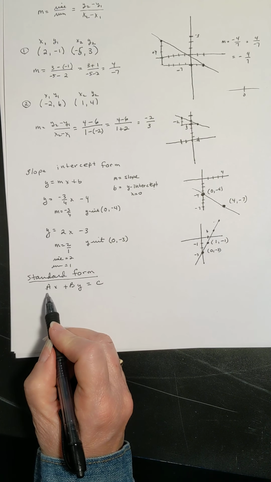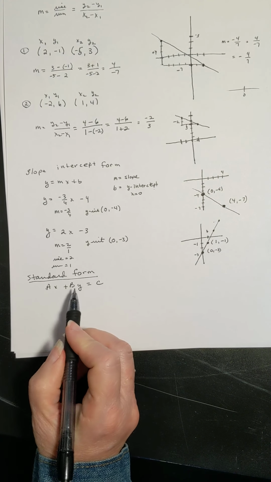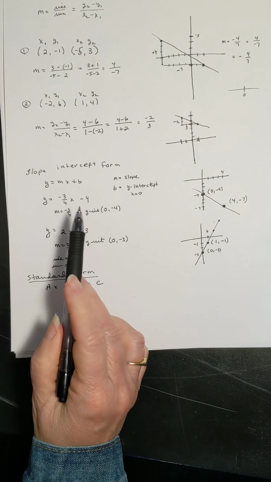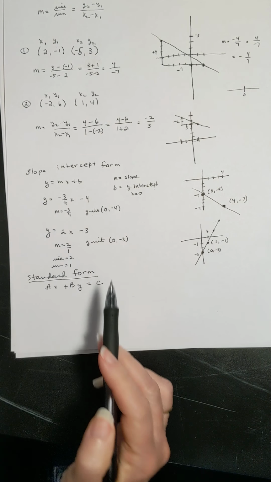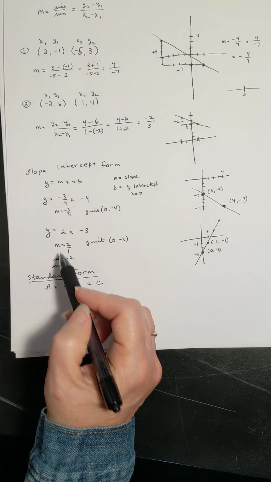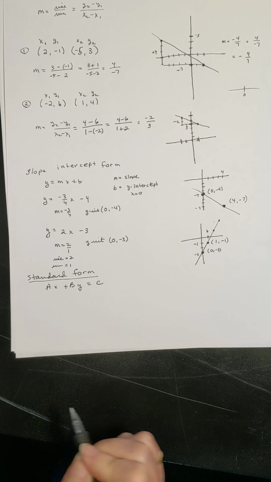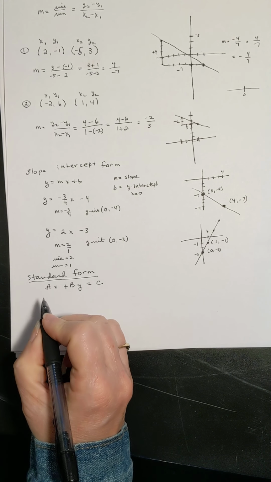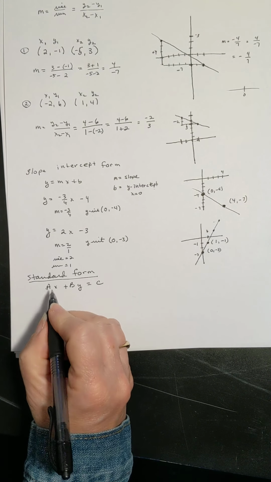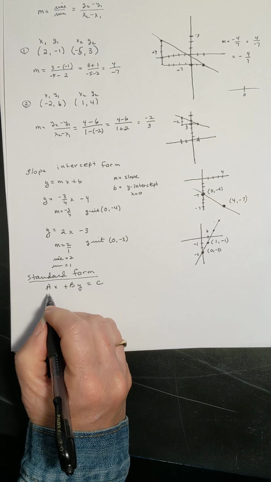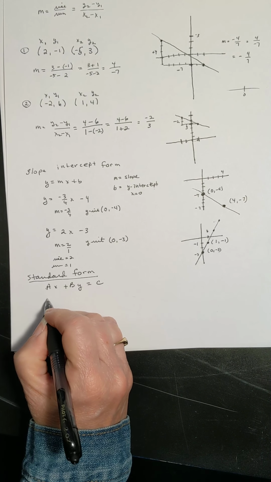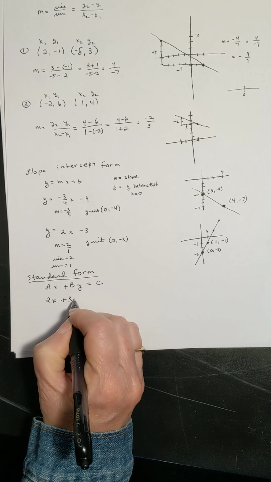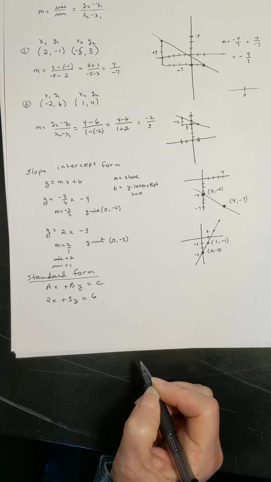But from this, what I'm going to want to do is put it in a more useful form like slope-intercept form. And the slope-intercept form is the most useful form of the equation of a line. So let's look at 2x plus 3y equals 6.